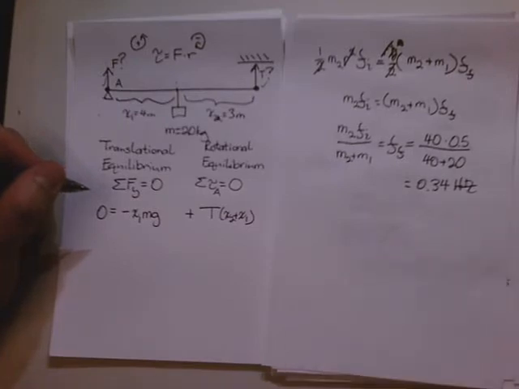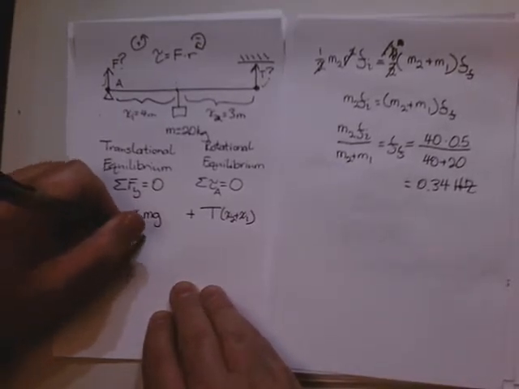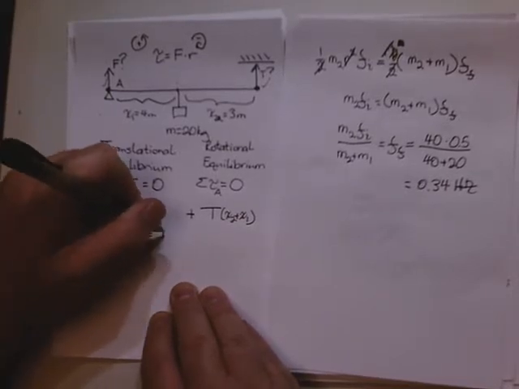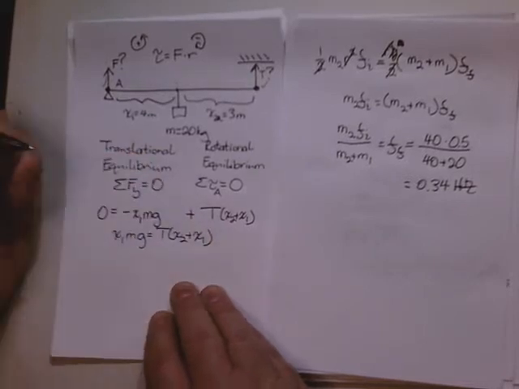So now I solve for T. x1 mg is equal to T times (x2 plus x1).